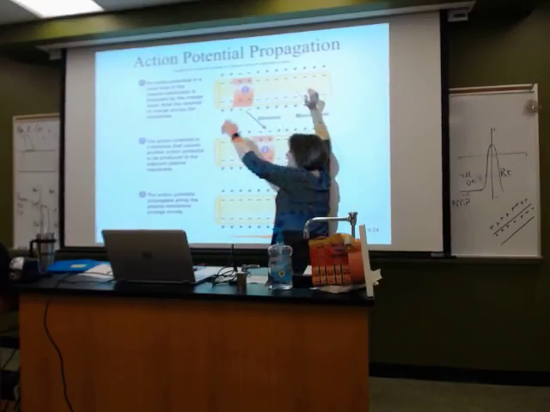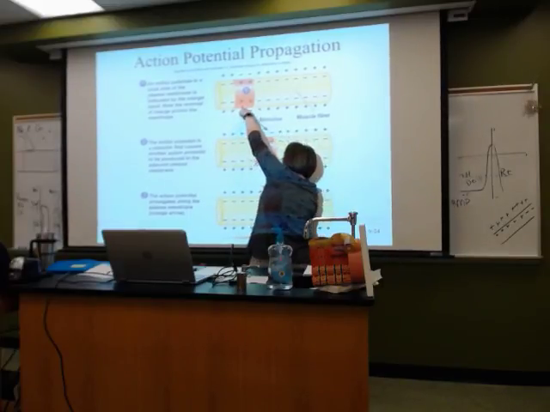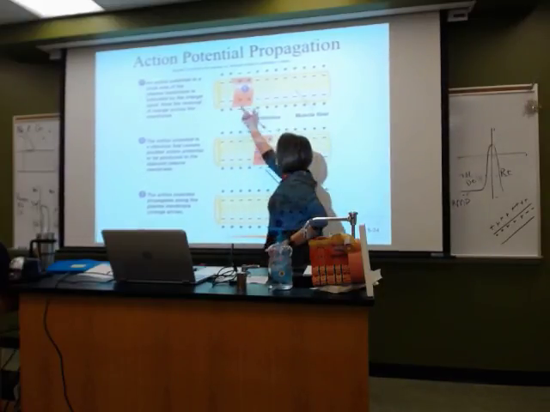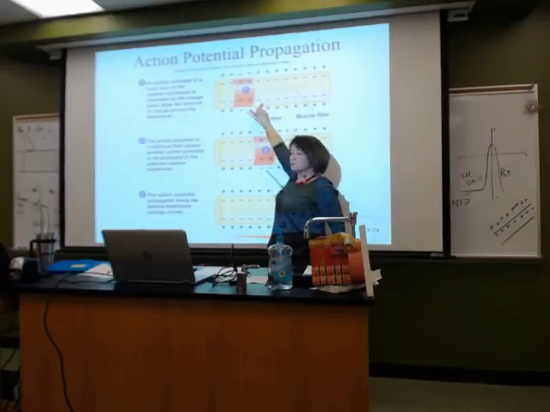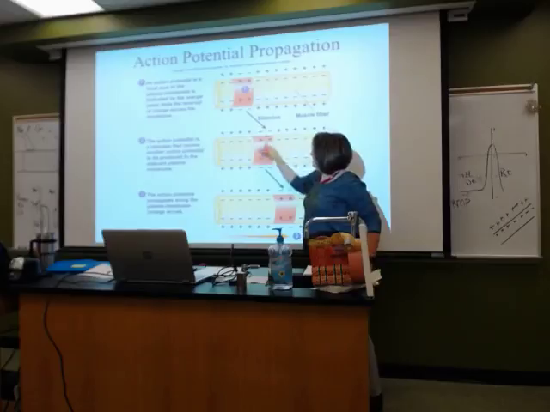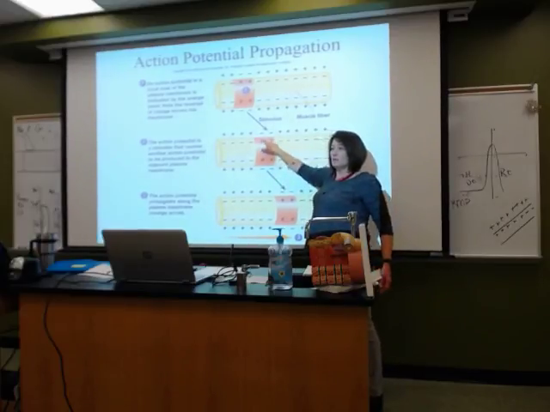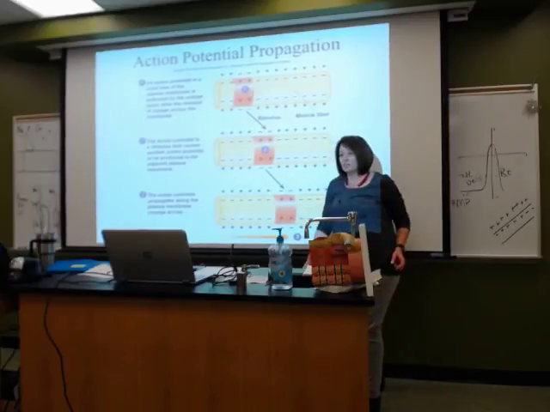So let's look at what's taking place. At the point of where it begins, well, it made this section more positive, which means it affects voltage gated here. So the voltage gated here opened up, let it be more positive. Well, that affects the next little section.